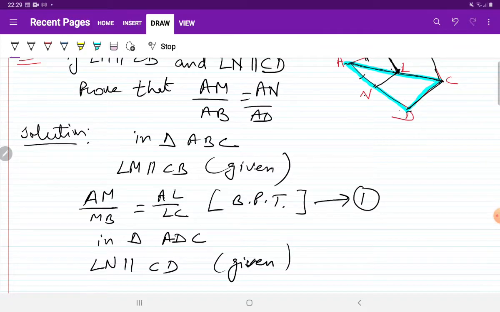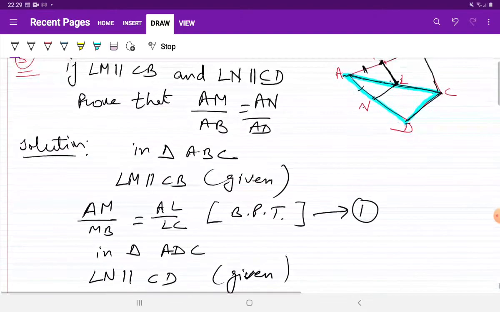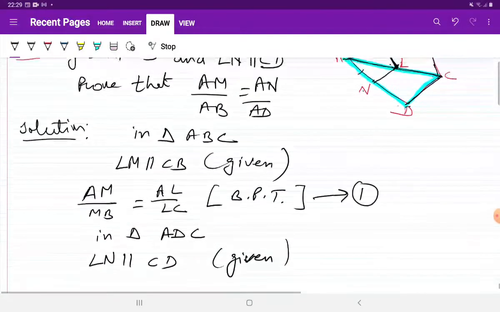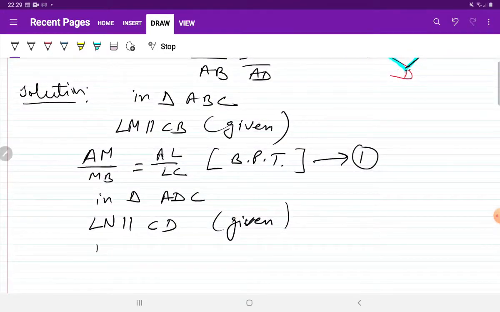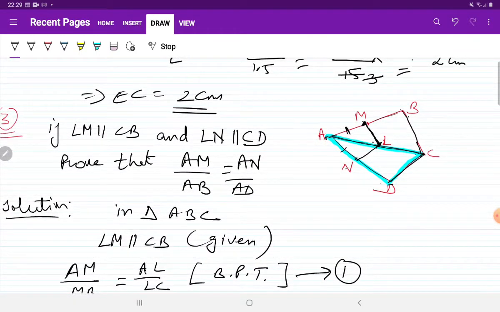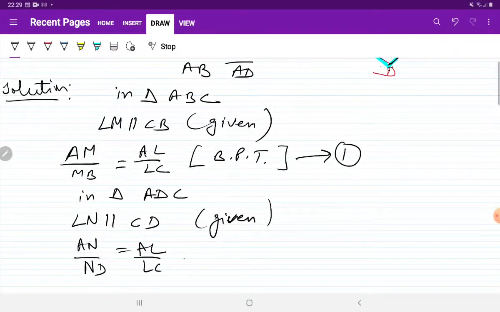Please write all the reasons, because there are marks for each and every step in mathematics. Again, now that two lines are parallel, we can use Thales theorem. So we have AN upon ND, this side, because this line cuts AC at point L, so AL upon LC is equal to AN upon ND. This is again by basic proportionality theorem or Thales theorem. This is your second equation.